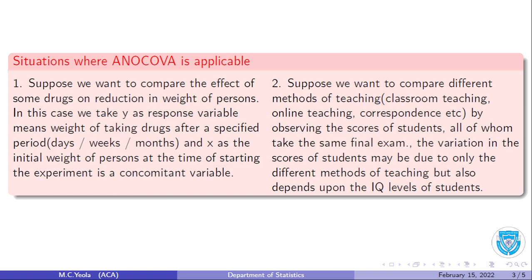See the first example. Suppose we want to compare the effect of some drugs on reduction in weight of persons. In this case, we take y as the response variable, the weight of the persons after taking the drugs after a specified period. That is the response variable in which we are interested.